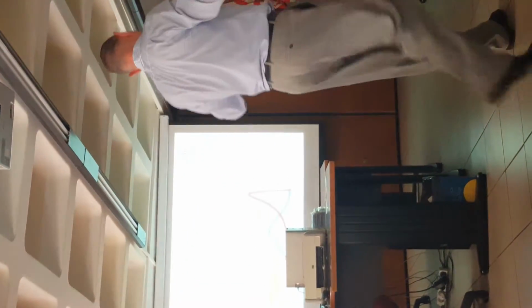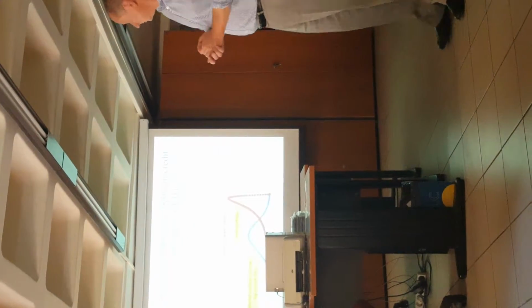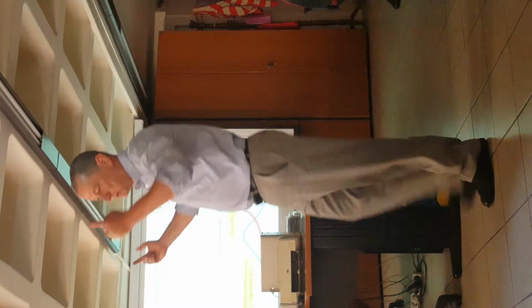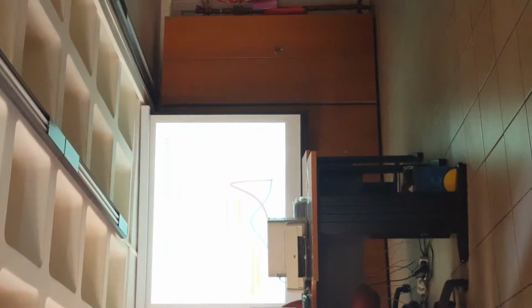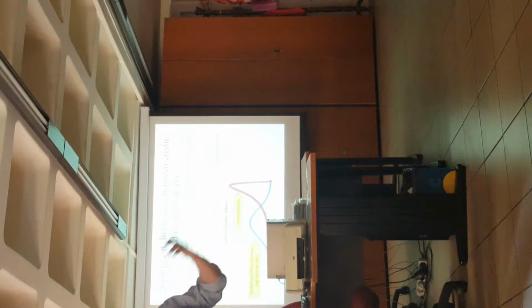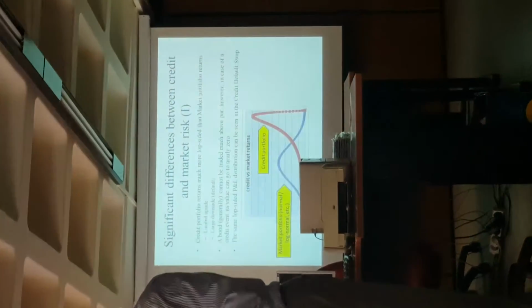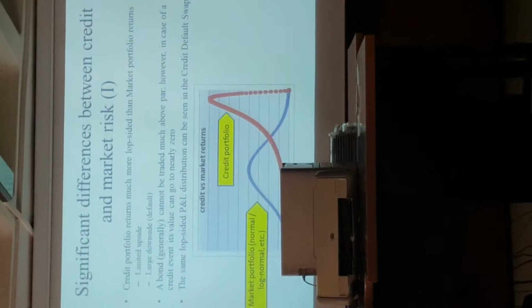Okay, now going to the portfolio level, significant differences between credit and market risk. Well, there is one big significant difference. Okay? I have a stock. The stock is worth 10 euros. It may double in value, it may go to half in value.